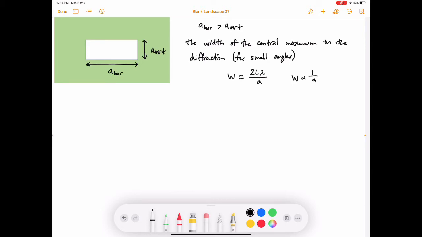So we can see that W vertical is going to be greater than W horizontal. Okay, because if the slit is narrower in the vertical direction, then the diffraction pattern is going to be wider in the vertical direction. So the diffraction pattern is wider vertically.